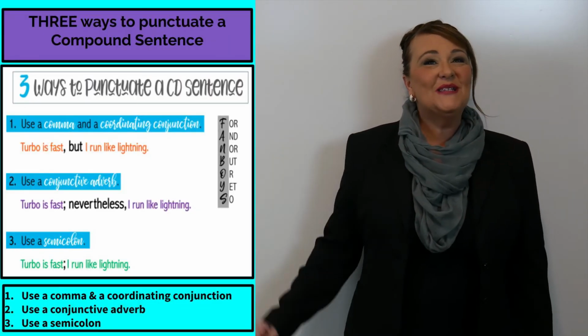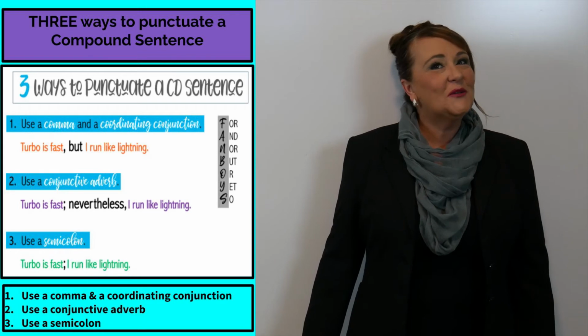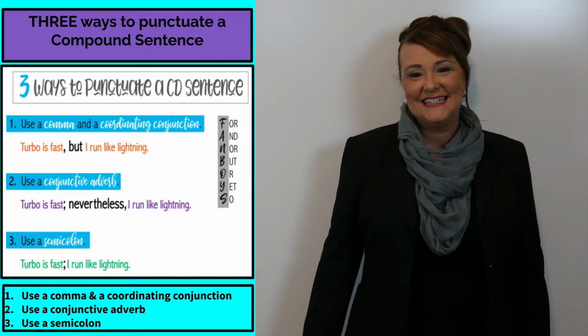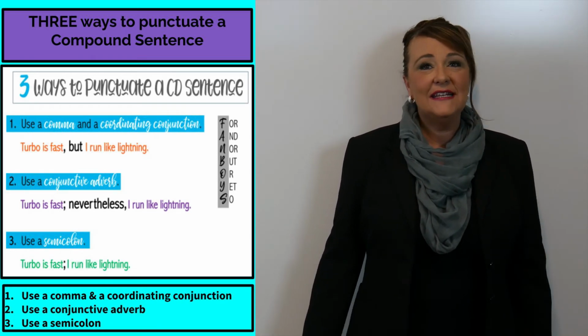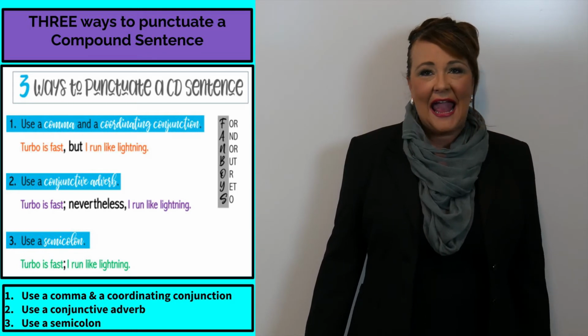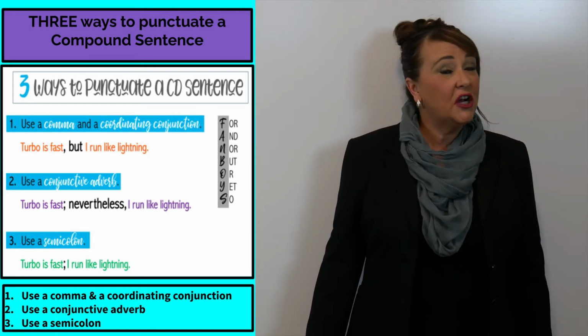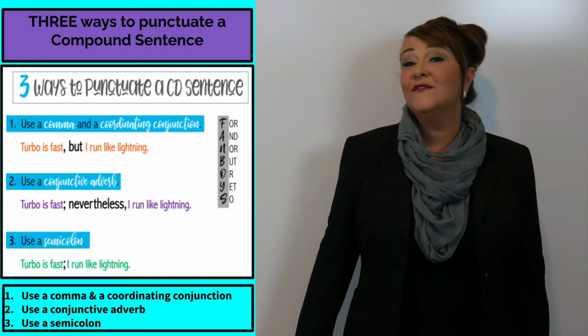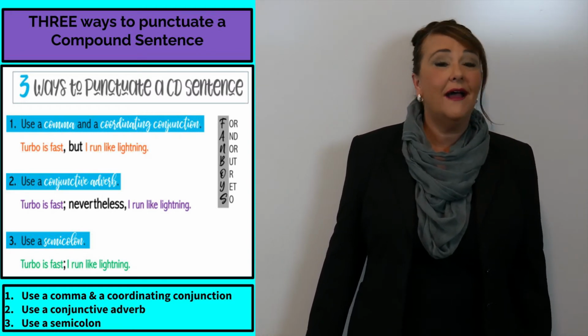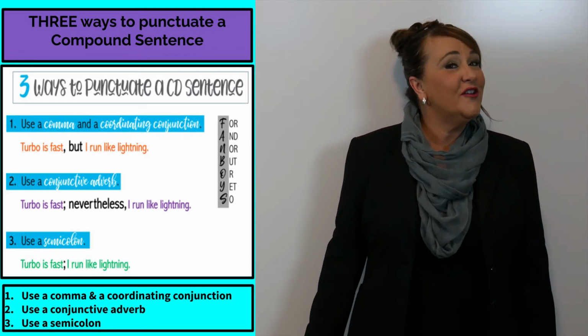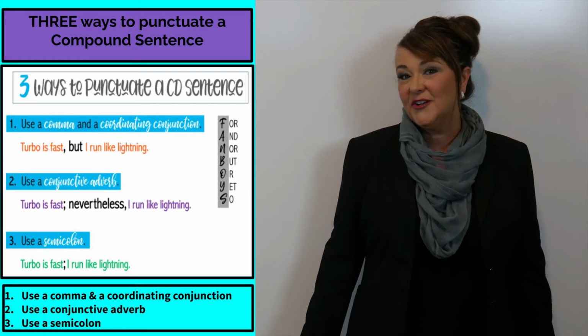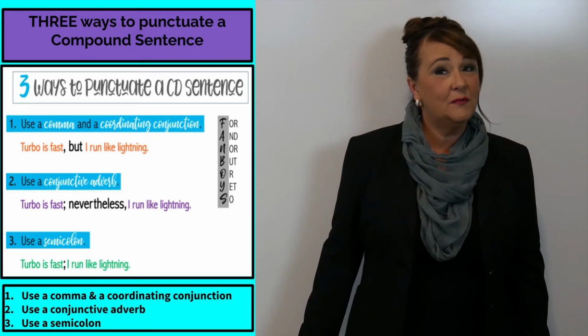So here you see three ways to punctuate a compound sentence. The first way is to use a comma and a coordinating conjunction. Now remember, we've talked about FANBOYS a couple times in our other lessons on sentence errors and on parts of speech.